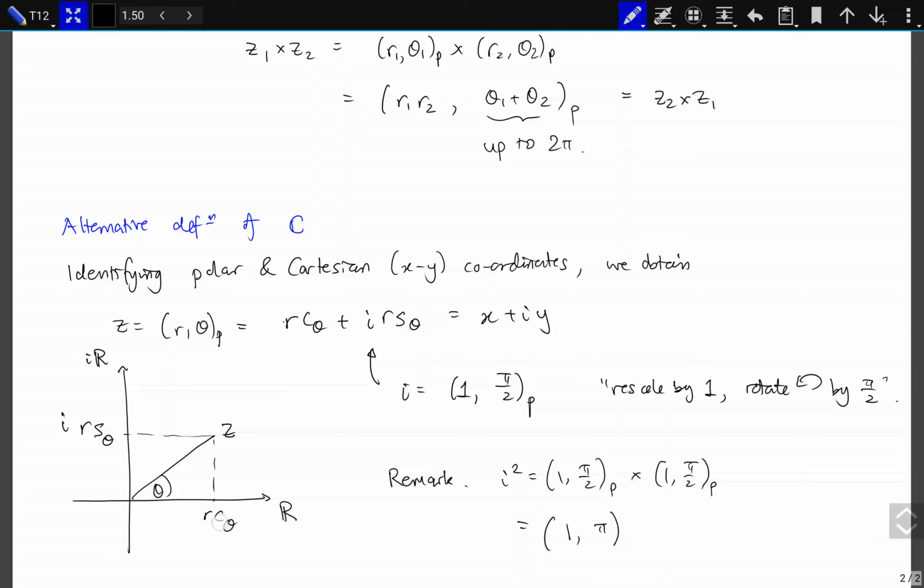And that's the same thing as turning your vector, wherever it is, and rotating it by 180 degrees, and that just changes the sign. So this is known as -1. So therefore, if you like, i squared is -1, so i is the square root of -1, or one of the two square roots of -1. The other one is rotating clockwise by 90 degrees.